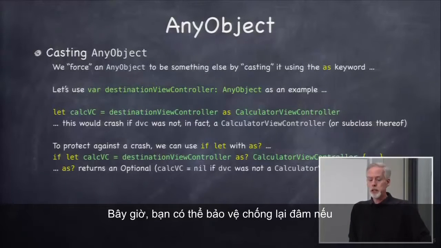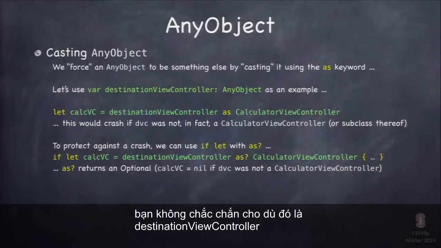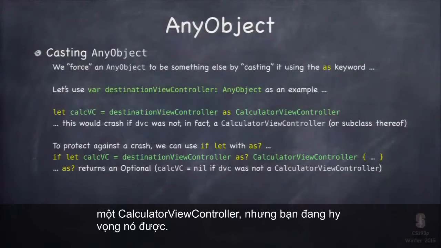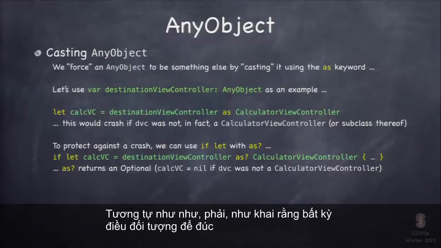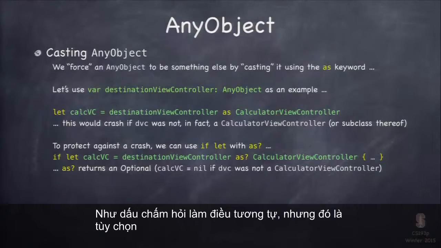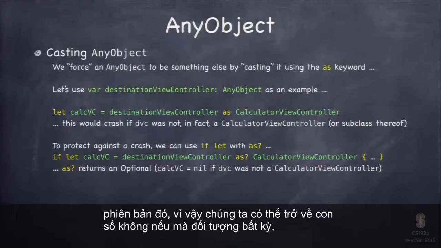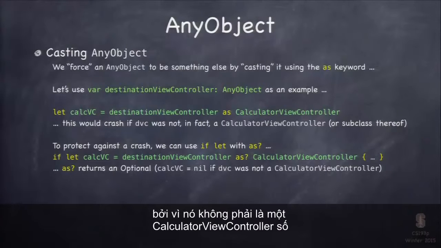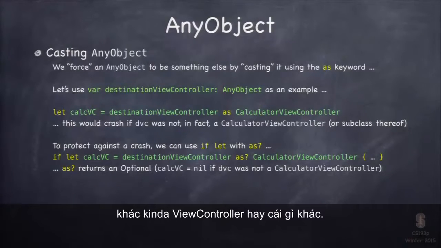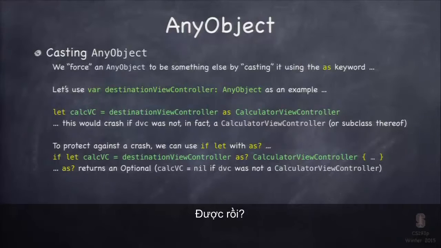Now, you can protect against crashing if you're not sure whether that destination view controller is a calculator view controller, but you're hoping it is, okay? You can use as question mark. And as question mark returns an optional. Same as, right? As returns that any object thing cast to be a different class. As question mark does the same thing, but it's the optional version of that. So we can return nil if that any object, destination view controller, cannot be turned into a calculator view controller because it's not a calculator view controller, it's some other kind of view controller or something else, all right?